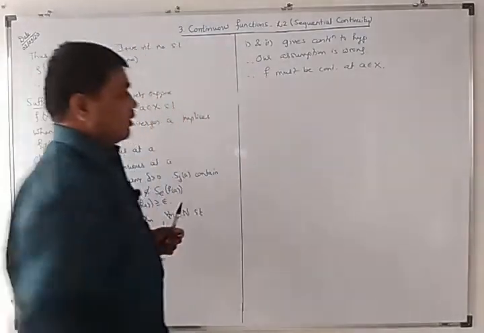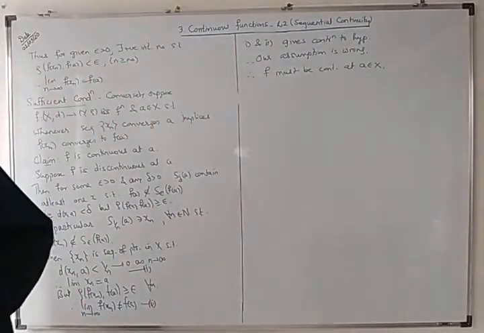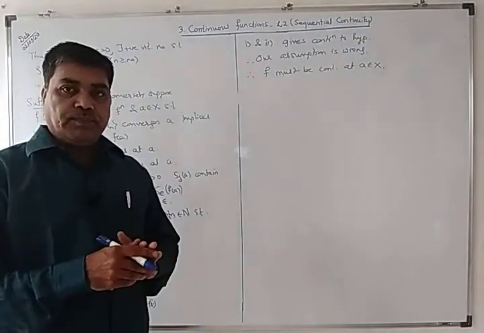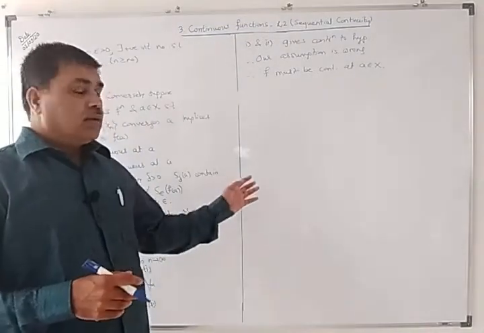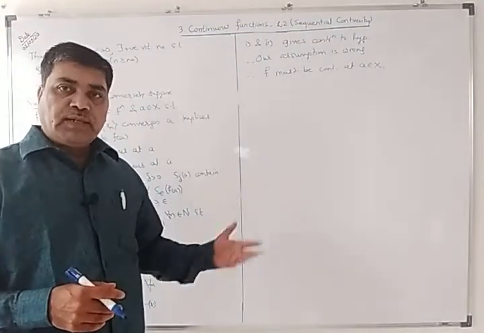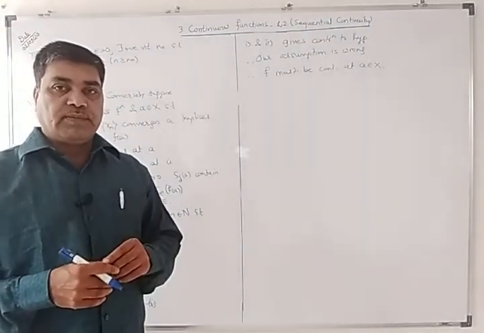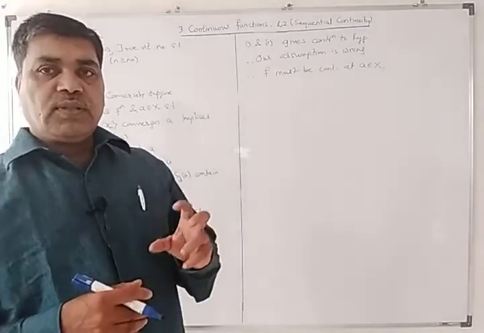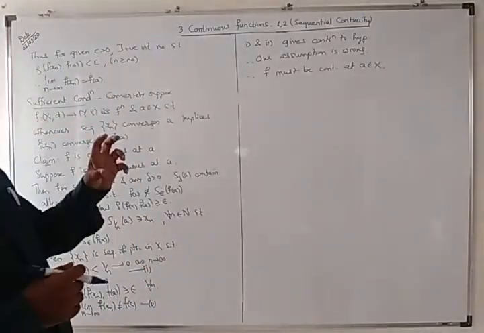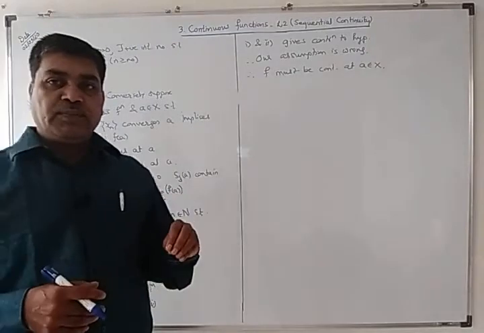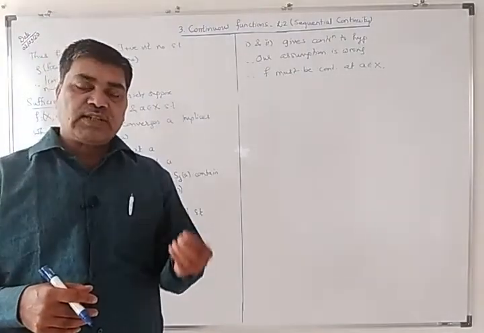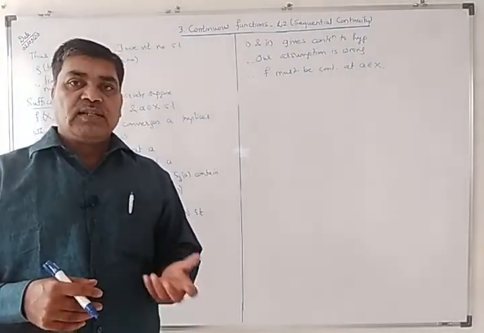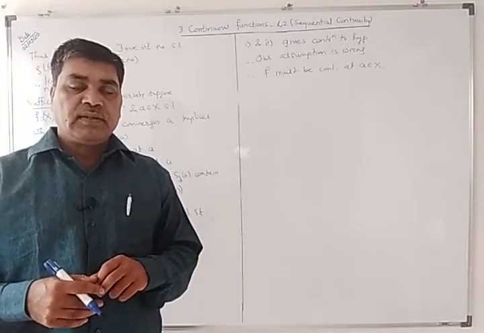Now, this result is useful to show that a function is discontinuous at some point. What is our statement? A function f is continuous at a if and only if whenever xn is any sequence converging to a, f of xn must converge to f of a.